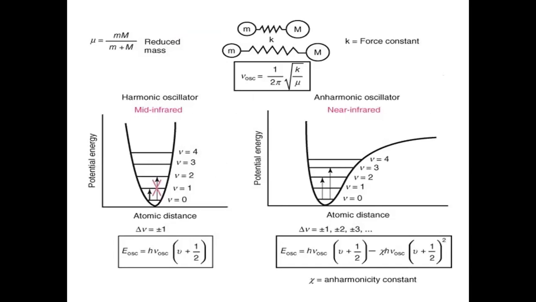So this is the vibration of atoms in their respective compounds. So first one is harmonic oscillator vibrations, and these are anharmonic oscillator vibrations.